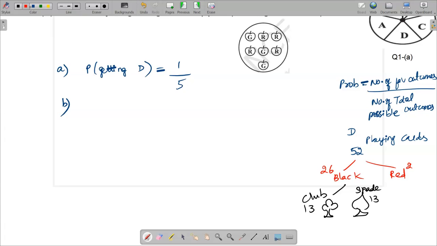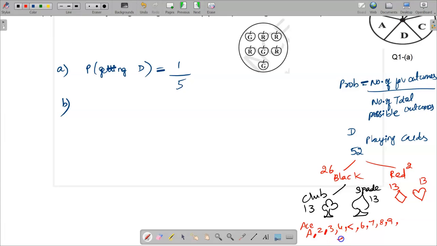So 13 cards are club, 13 cards are spade. Similarly in the red cards, you have the diamond shape as well as heart. So these are all the 4 different shapes I have. Here also 13 cards, here also 13 cards, and in each set of 13 cards I have A, then 2, 3, 4, 5, 6, 7, 8, 9.